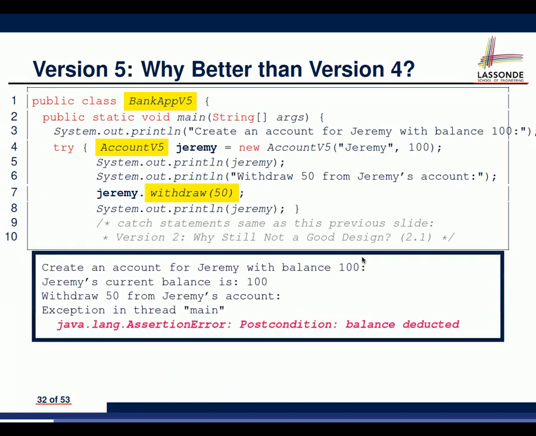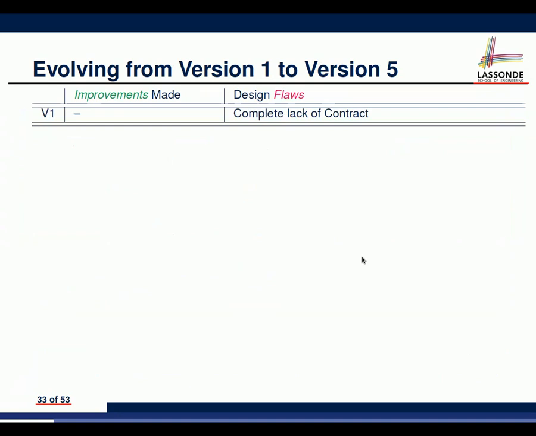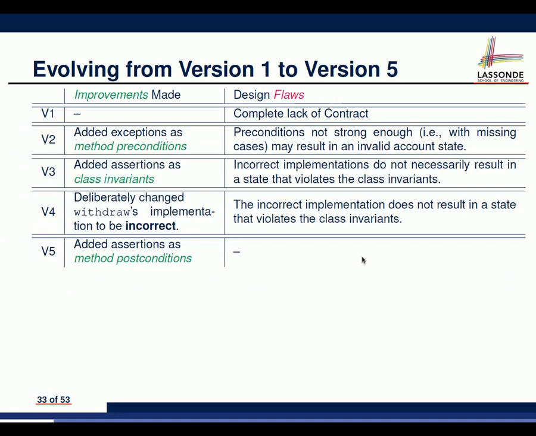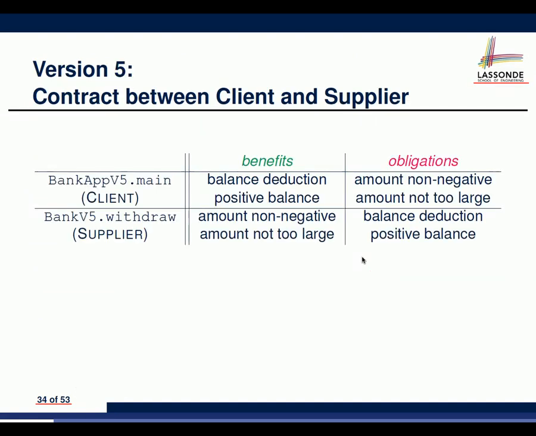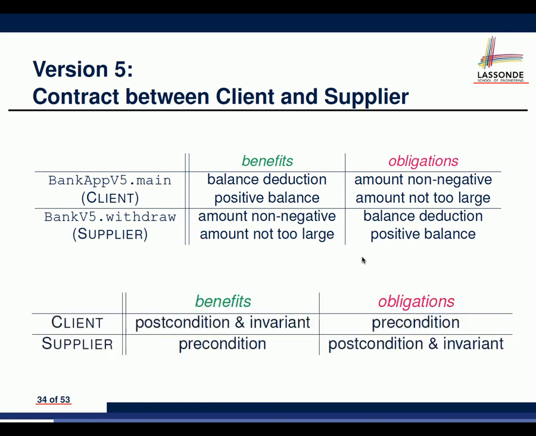Good, let's now go to the summary. You can still go over the rest of the slide, we cover everything here. This is more like a summary for all the versions. Let me say one more thing about the benefits and obligations between a supplier and clients. So you can also go over them in this particular example. This is a very important summary table.